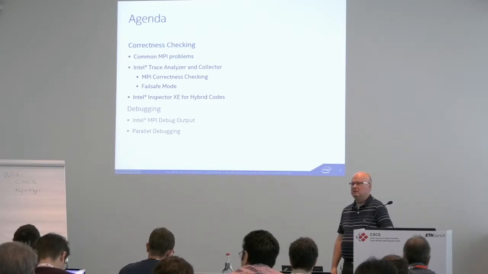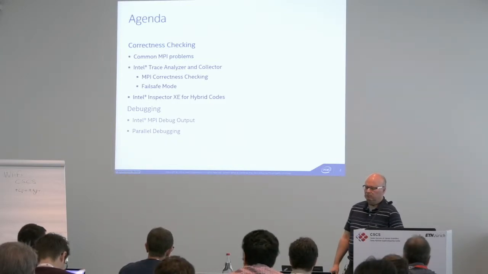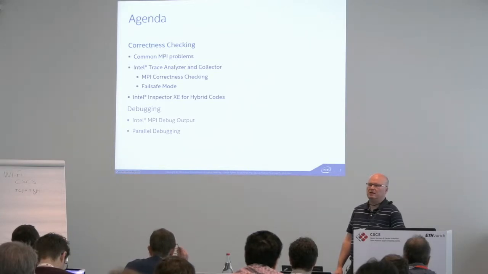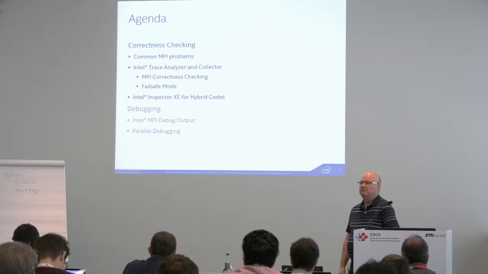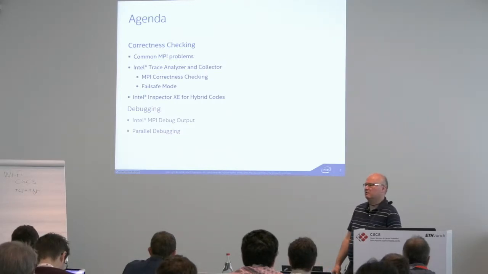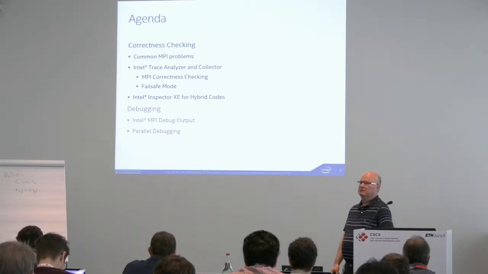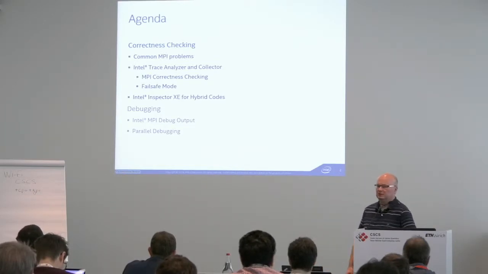We had some customers who came back and reported that they found errors that had been in their code for a very long time and they never found before. But this tool was directly pointing them to unfinished requests, and that could be fixed then.